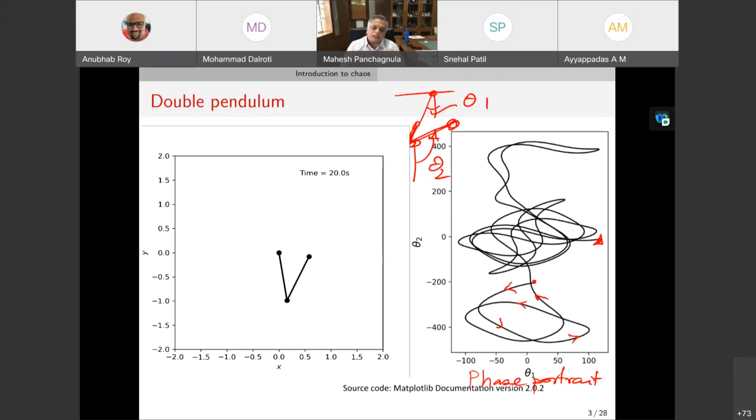This system has 2 degrees of freedom in theta 1 and theta 2, but really it is a 4 degree of freedom system because you have theta 1 dot and theta 2 dot. So when you look at a reduced order phase portrait in the theta 1, theta 2 plane, or theta 2 versus theta 1 plane, you see it looks like these trajectories are apparently crossing.